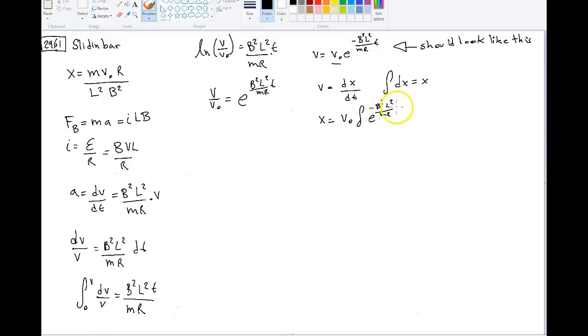Now, when you integrate this, you call all of this u, right? And then du. And u will be equal to negative B squared L squared over mR t, du equals that.